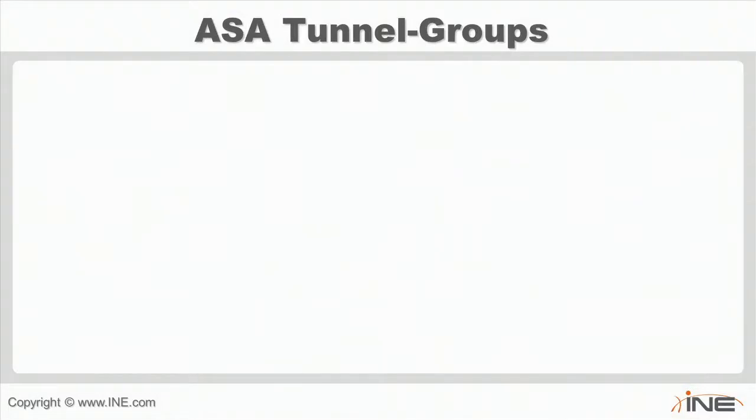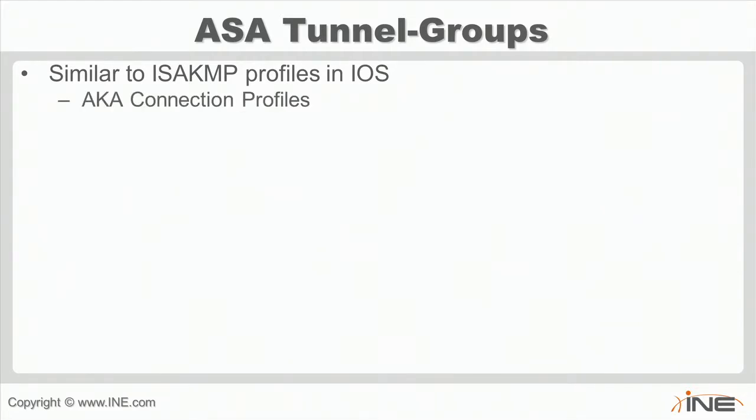Now, beyond iOS, where we are moving into the legacy VPN concentrator features that got ported over, the tunnel group in ASA, you could think of this loosely like the ISAKMP profile in iOS. In other words, this is basically the profile that an individual connection is going to get.